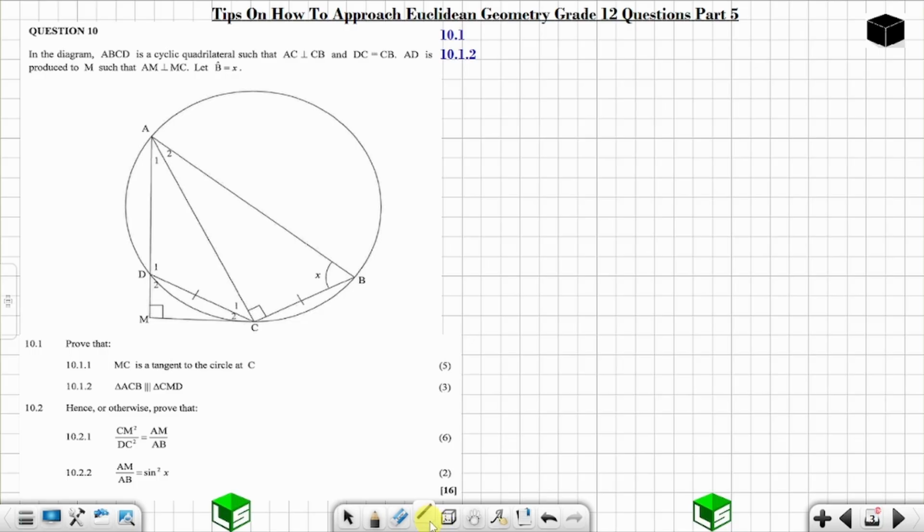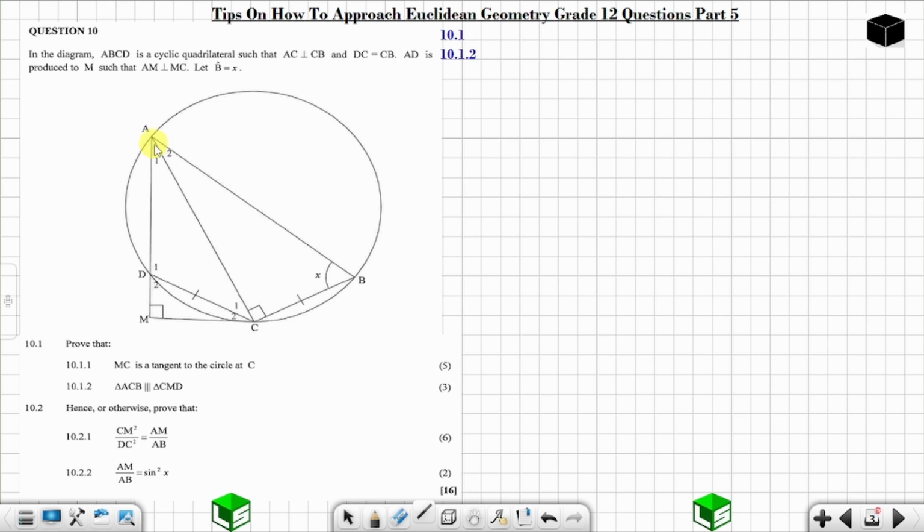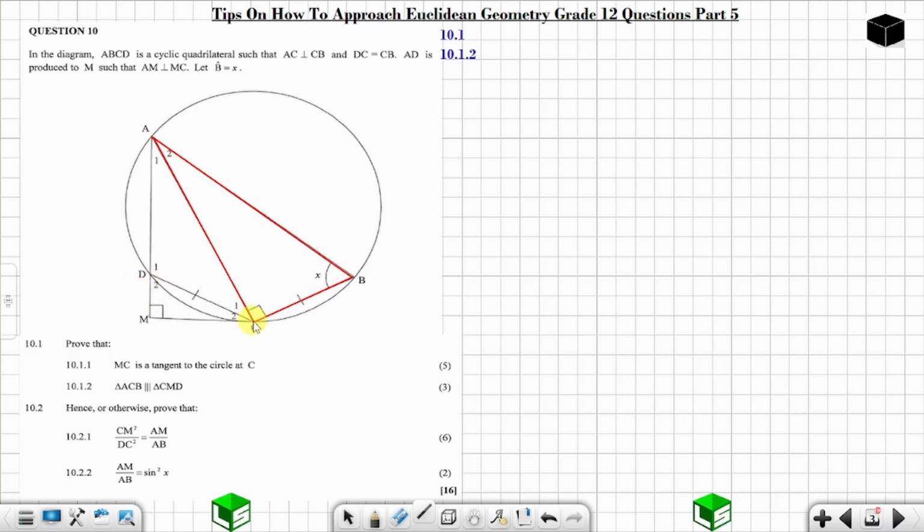So we are going to work in these two triangles.